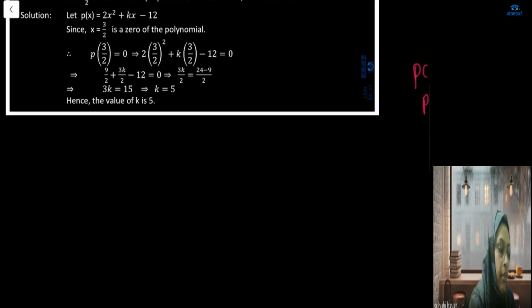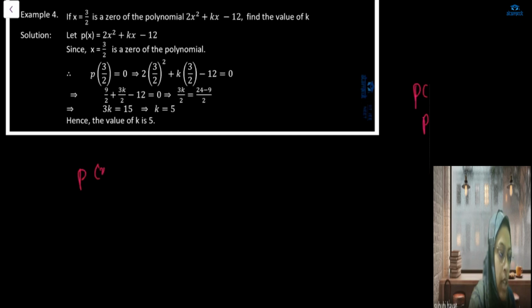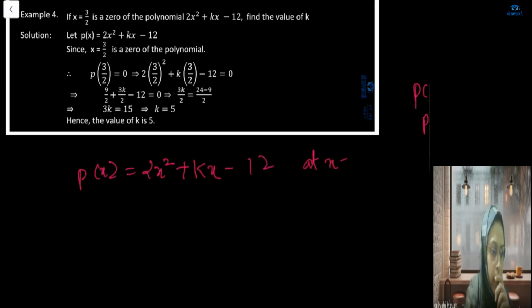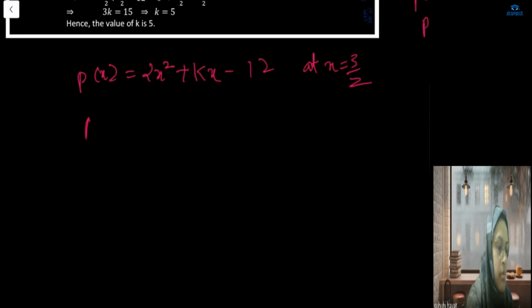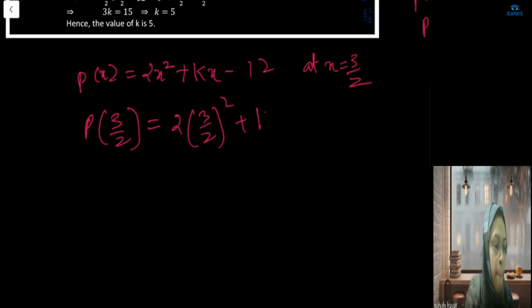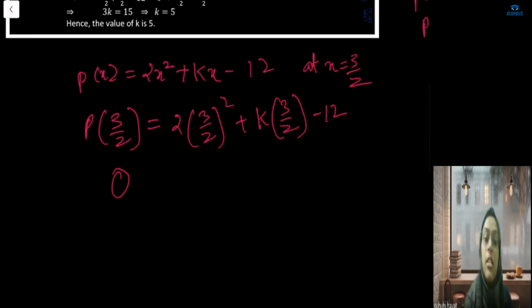Now we are going to write the expression p(x) is equal to 2x square plus kx minus 12, and we are going to equate it to 0, because we are treating it as the zero of the polynomial.